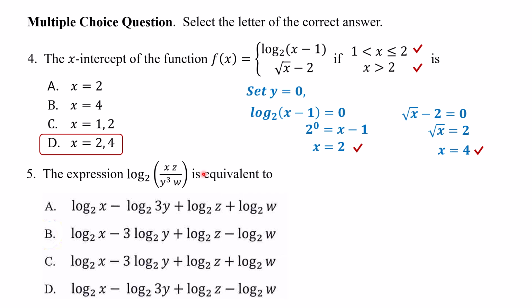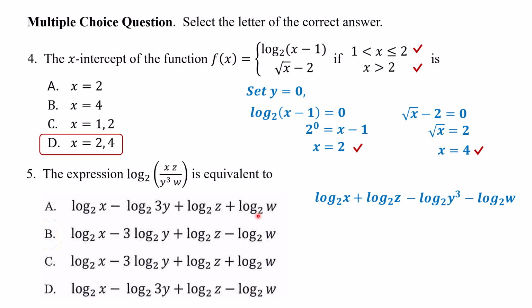And then for the next given, we have this expression of log base 2 of xz divided by y cubed w, which is equivalent to any of the following. So let us try to expand this. As we know, all the expressions in the numerator are positive logs. So we have log x plus log z with base 2. And then all the expressions in the denominator have a negative log.